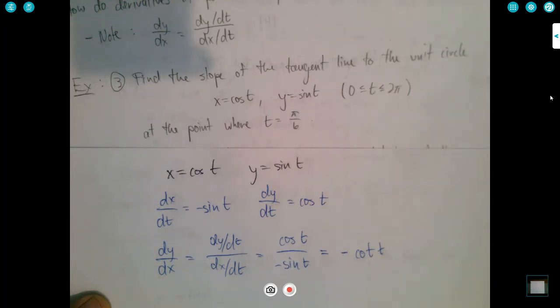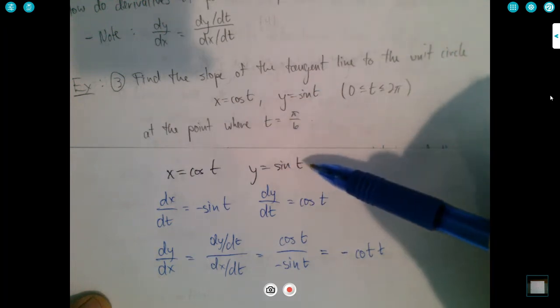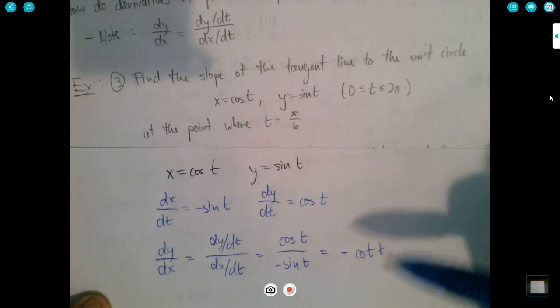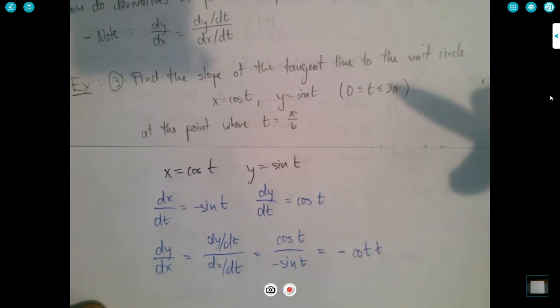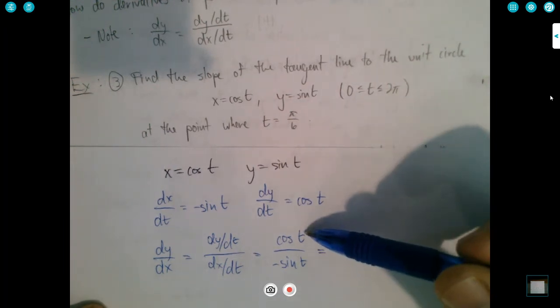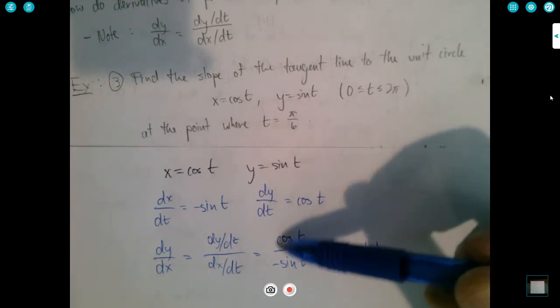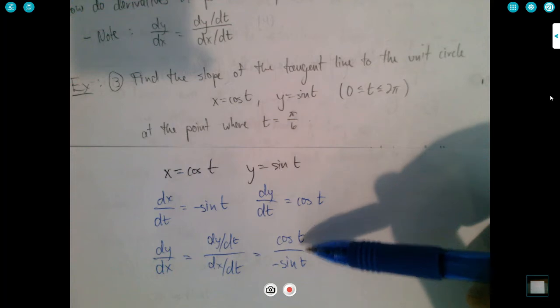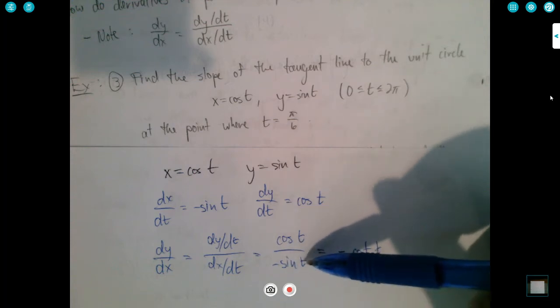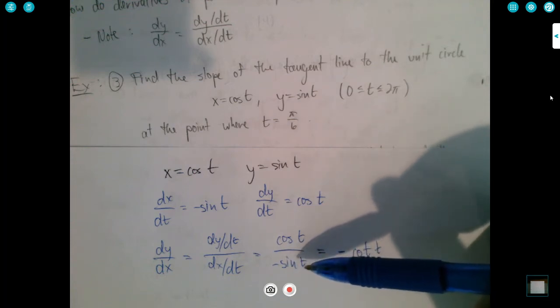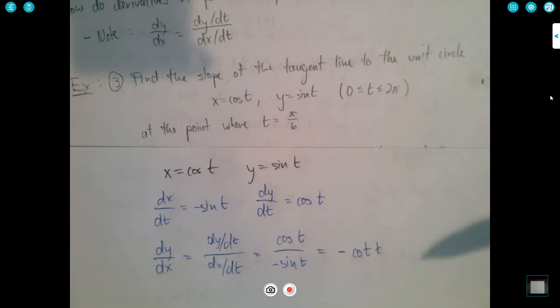Of course, we're supposed to figure out what the slope of the tangent line is when t equals pi over 6. So at this point, we just plug in pi over 6. It's actually easier for me to think about plugging it in here, right? Cosine pi over 6 should be root 3 over 2. Sine of pi over 6 should be 1/2. So that would just be root 3, or I guess negative root 3.